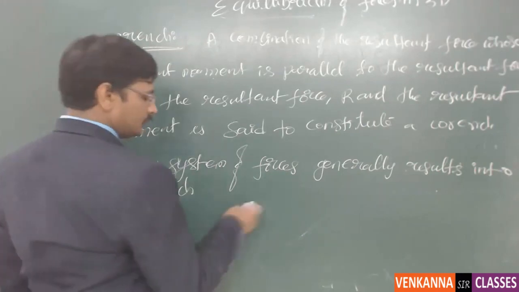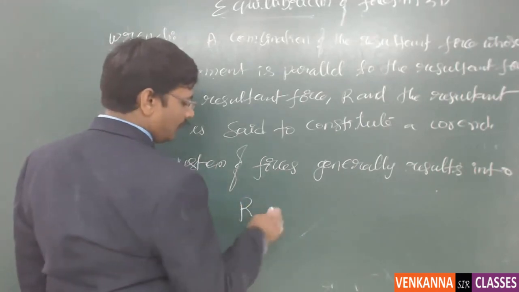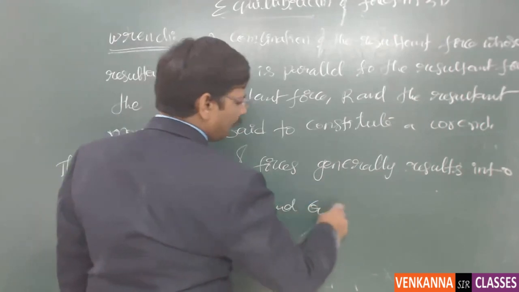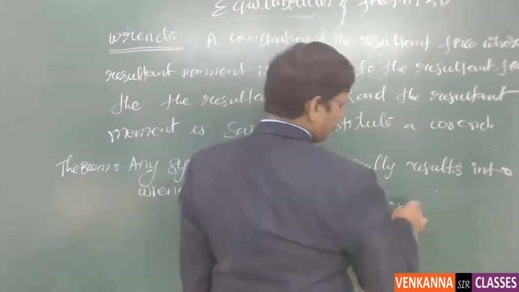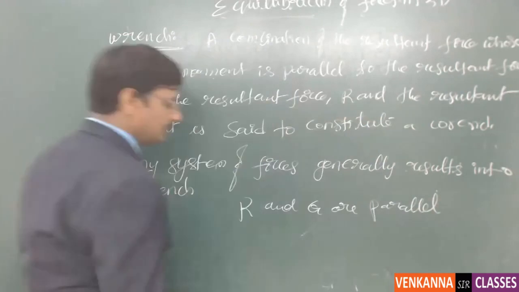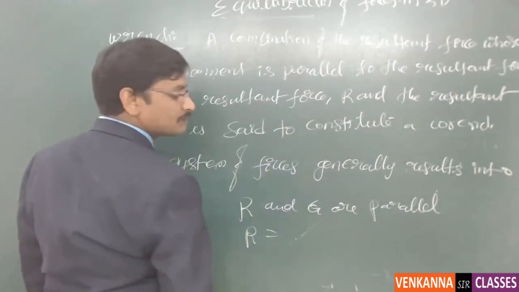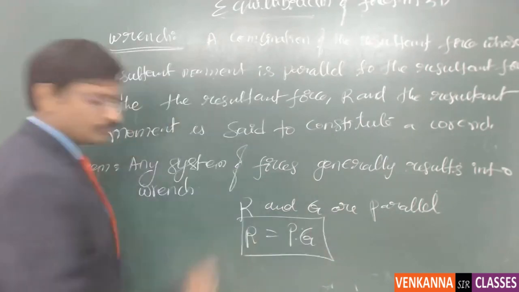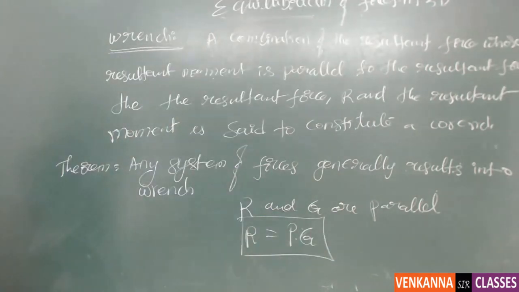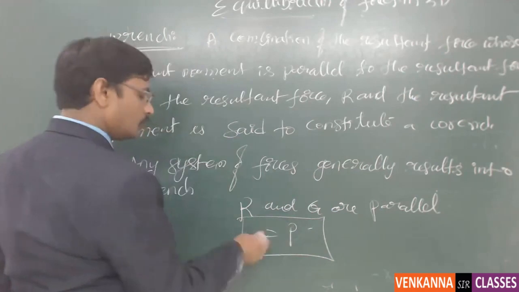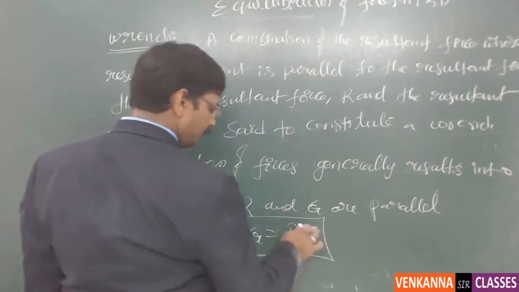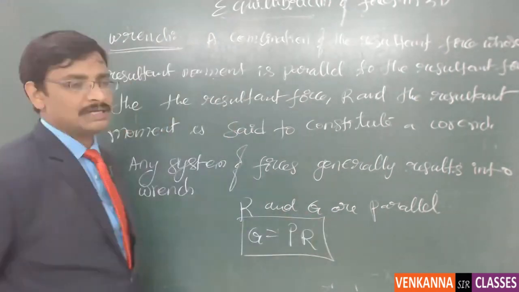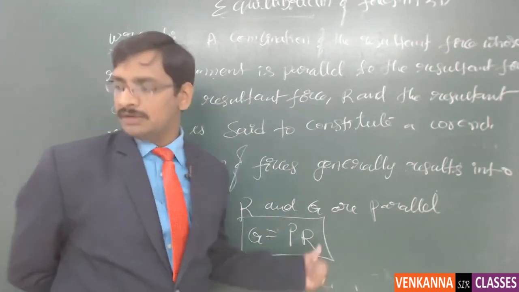So in the case of a wrench, R and G are parallel, which essentially means that R can be expressed as some constant times G. In the reverse manner, both are one and the same, but the relation is different, so G can be expressed as P R. This is the standard convention.